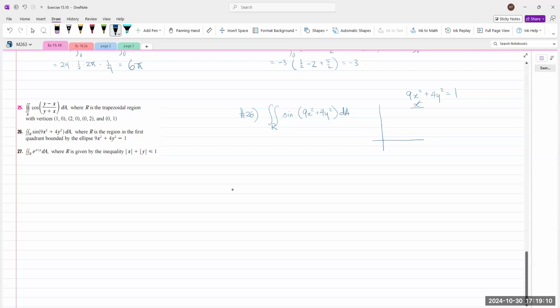That's x squared over 1/9 plus y squared over 1/4 equals 1. So it's 1/3 here, it's 1/2 here. That's the region R.